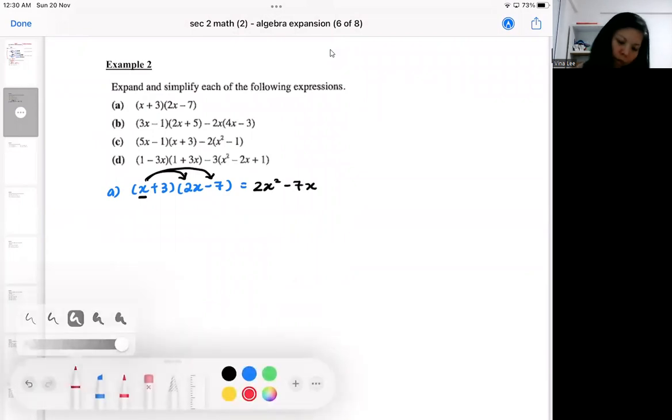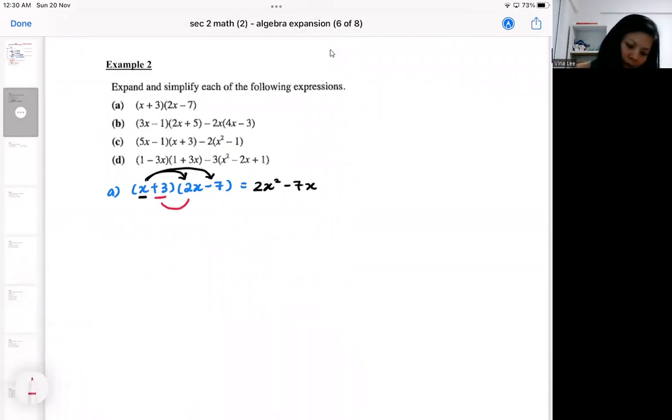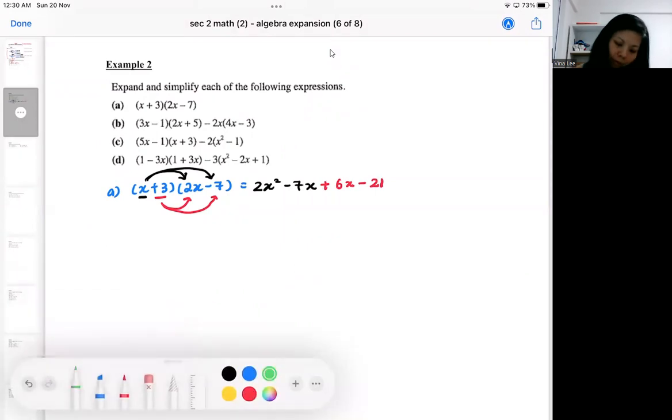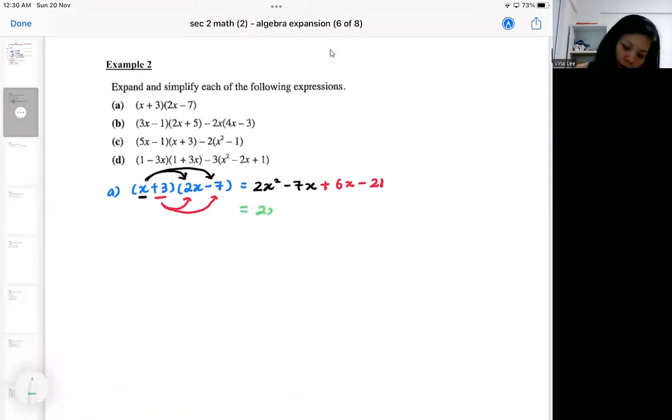Then you change to the other guy, multiply to the same bracket, and from there you simplify the like terms.